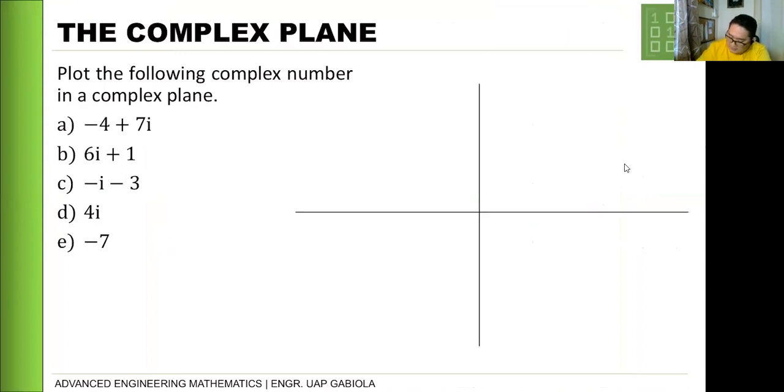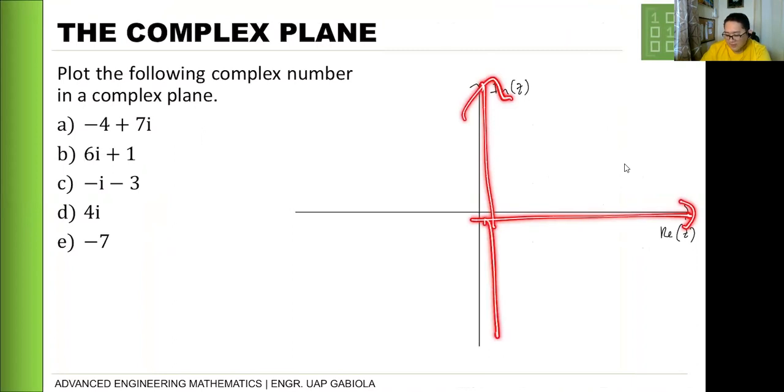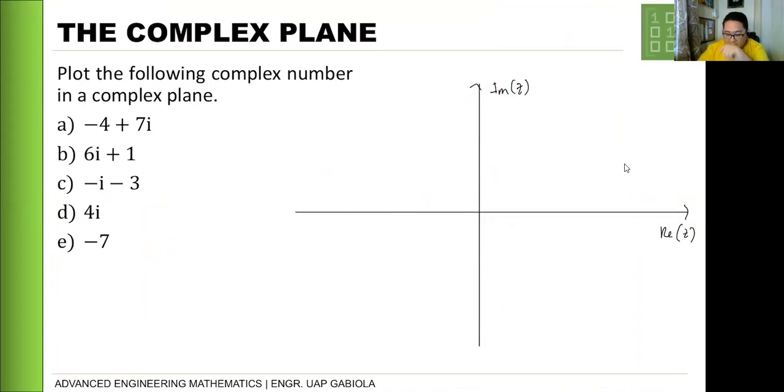So let's have this as our real number, and then ito yung ating imaginary number. Okay? So same pa din, no? Kung ito yung right, yung positive, and yung upward yung positive, so yung downward niya will be negative, and this one will be negative also. Okay?